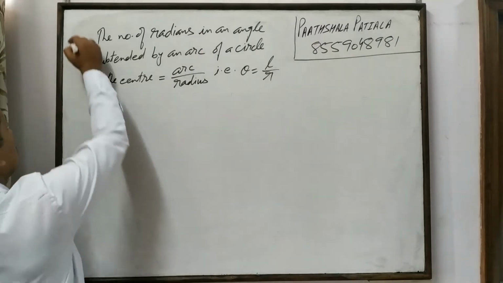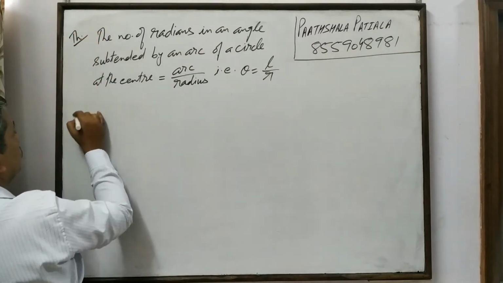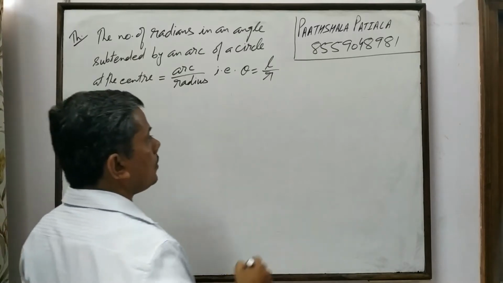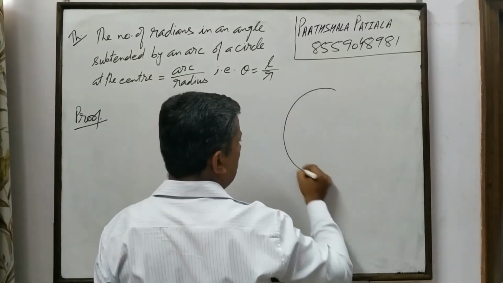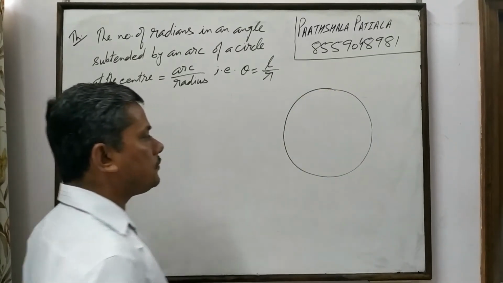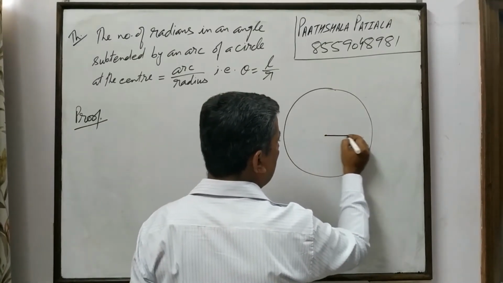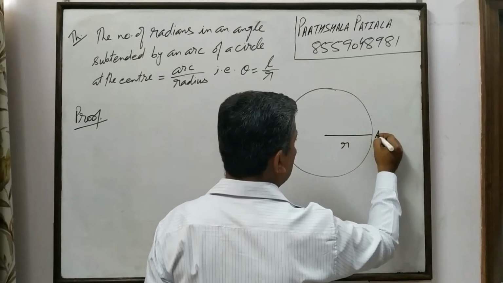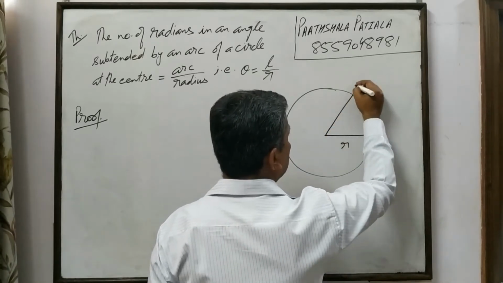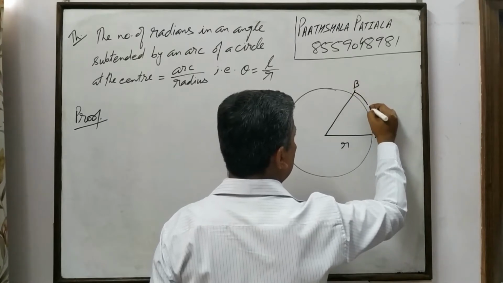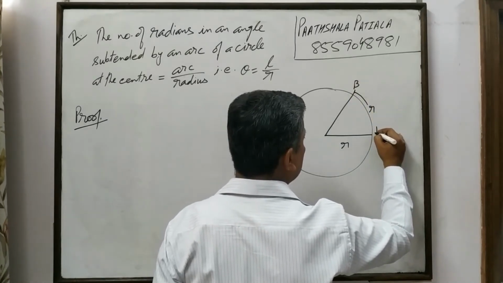So this is the theorem proof. Draw a circle of radius R with center at O. Cut off an arc AB whose length is equal to the radius of the circle.